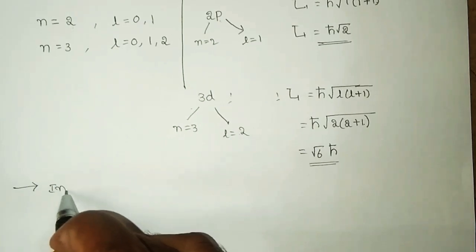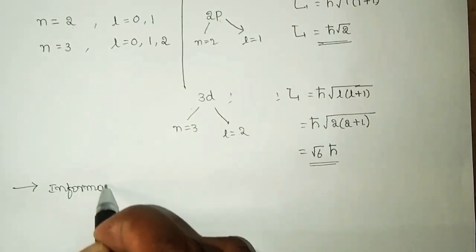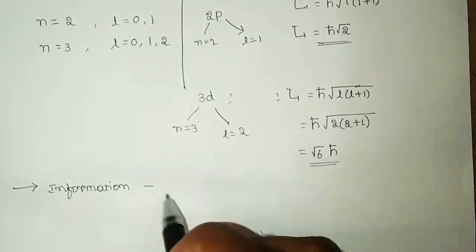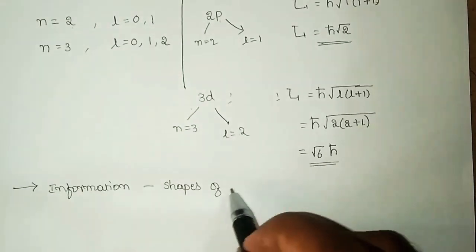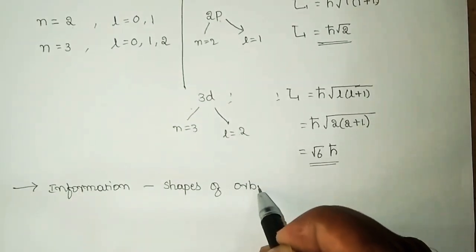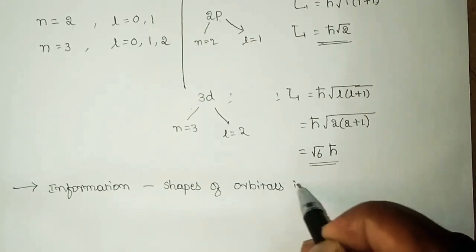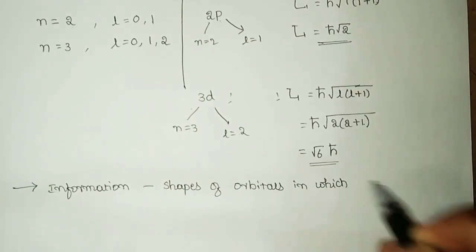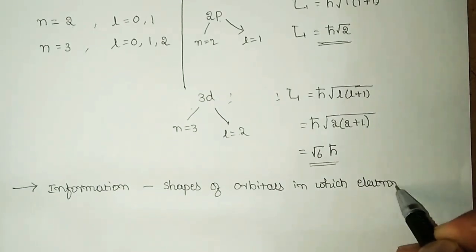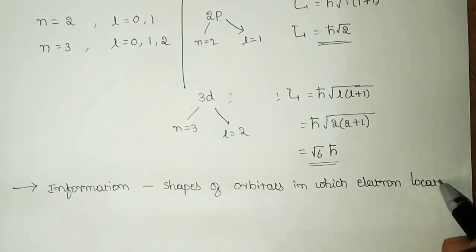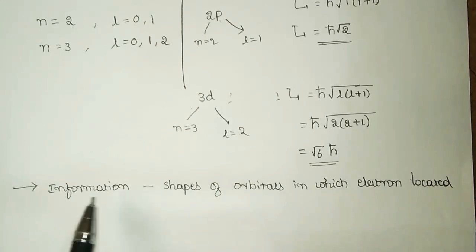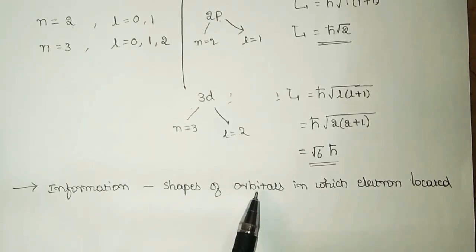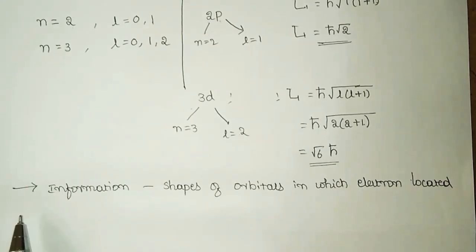The azimuthal quantum number value will give information about the shapes of the orbitals in which the electron is actually located. So in which subshell or in which orbital the electron is located, the exact shape of that orbital can be evaluated with the help of the azimuthal quantum number value.